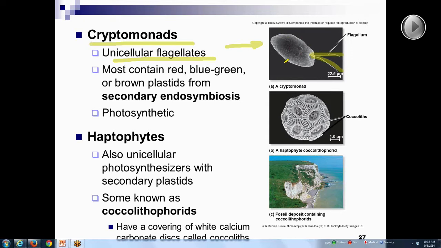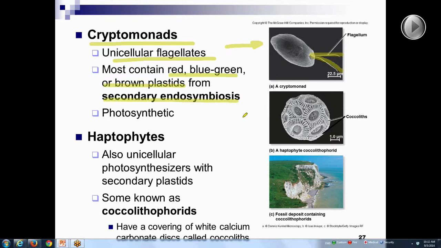They make up the phytoplankton community. So phyto, because they do perform photosynthesis using light as an energy source, and they float along the top, the surface of the ocean. So they do contain red, blue, green, or brown plastids from secondary endosymbiosis.